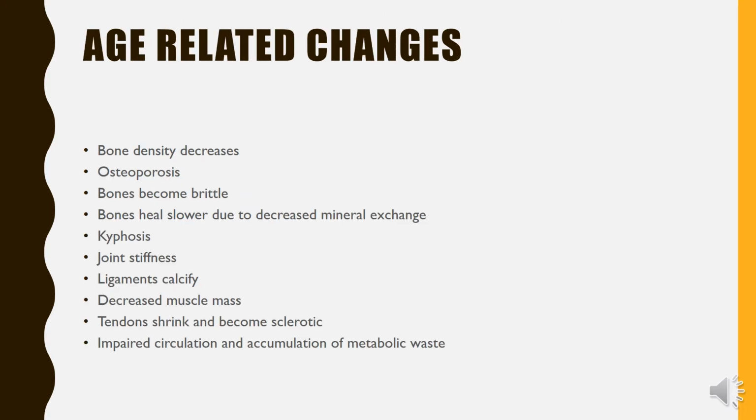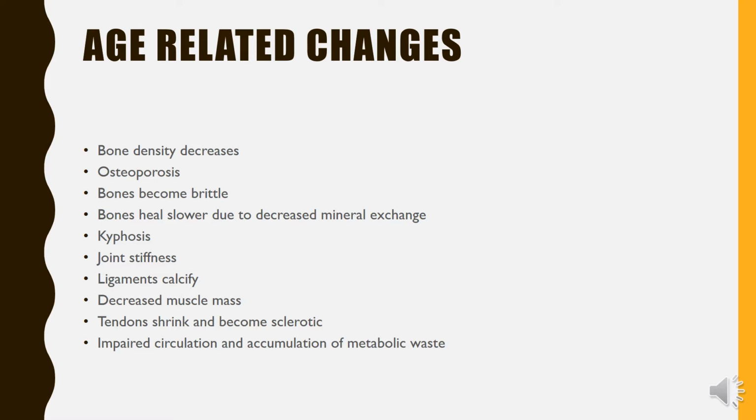Some common age-related changes that we will see in the musculoskeletal system as we age is the ossification of our bones, or the replacement of cartilage. Our bone density also decreases as we age.